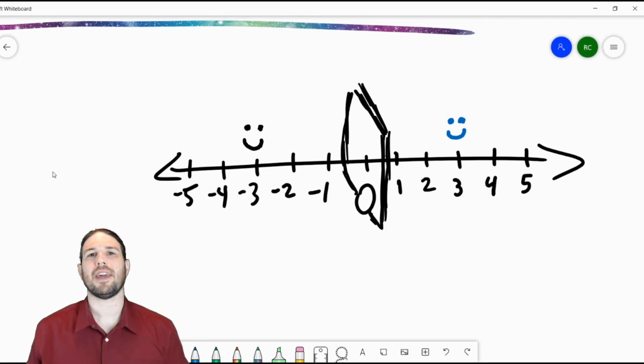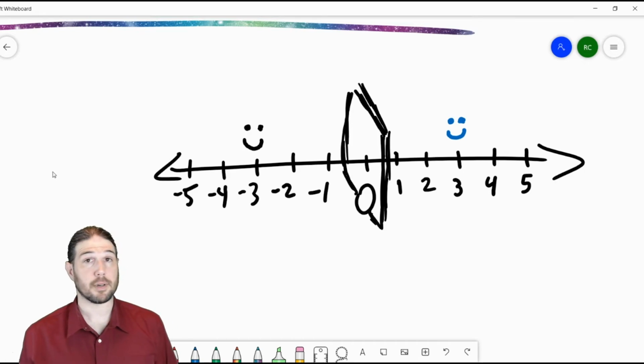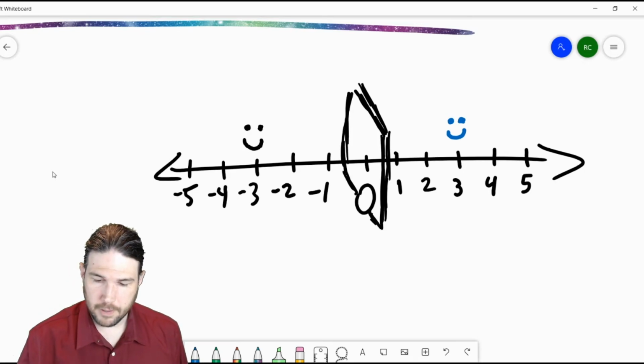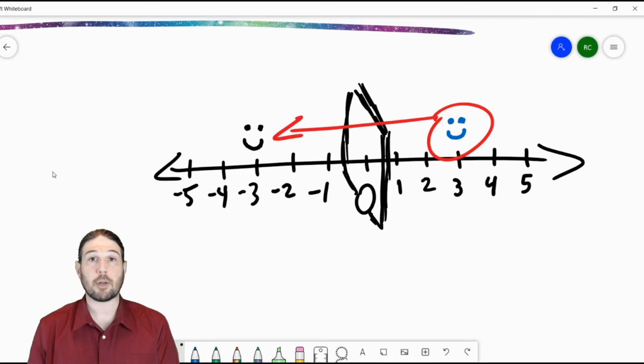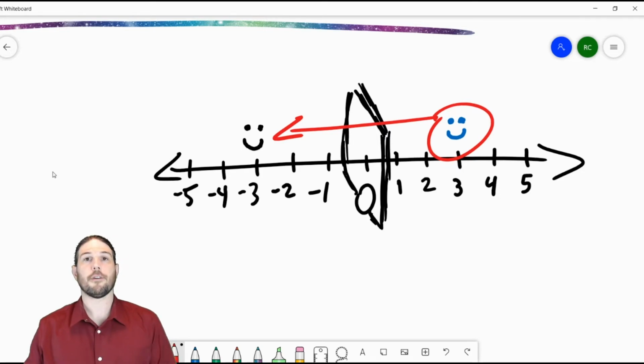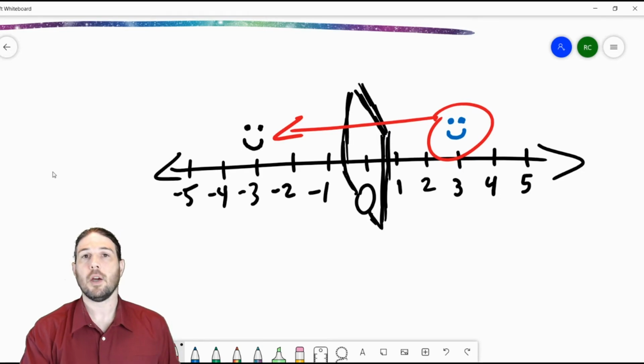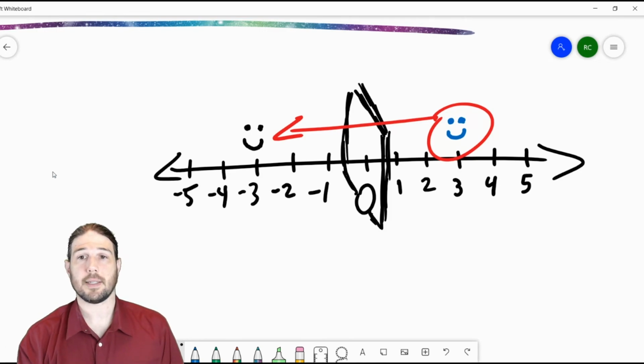So when I think of positive and negative numbers, I think of jumping from one side to the other of the mirror. The farther away you are from your reflection to start, the farther away you will be when you land on the other side, right?